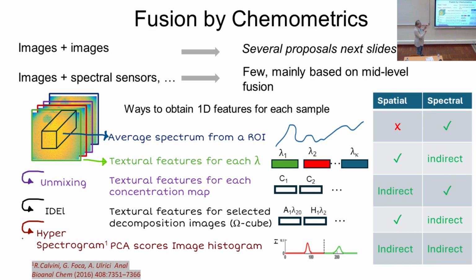What I have put there is the two dimensions, spatial and spectral, and whether you have a direct or an indirect linkage with them. For instance, in the first case, you lose the spatial completely because you do an average. In the other cases, you recover the spatial either directly or indirectly, and the same is true for the spectral dimension, because if you do a mixing, you have in memory a pure spectrum that corresponds to one component.